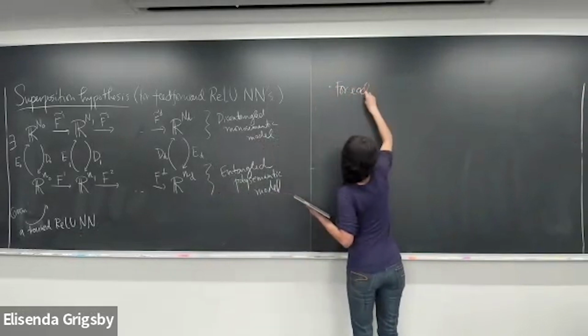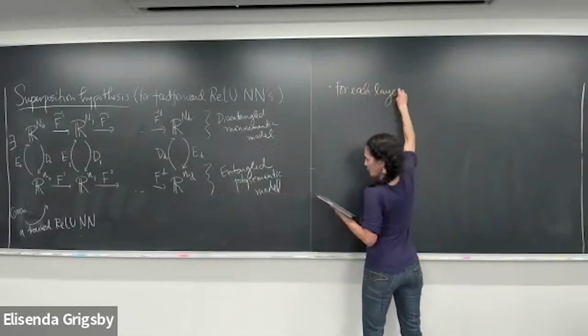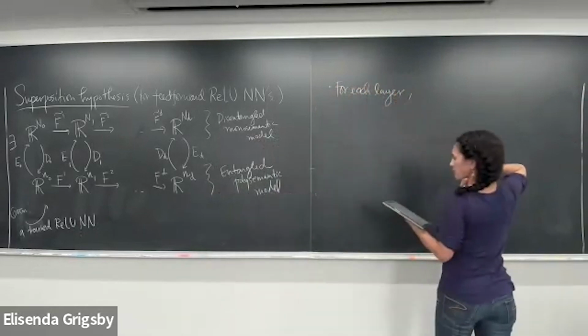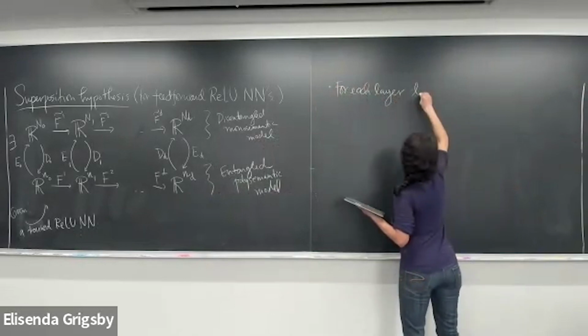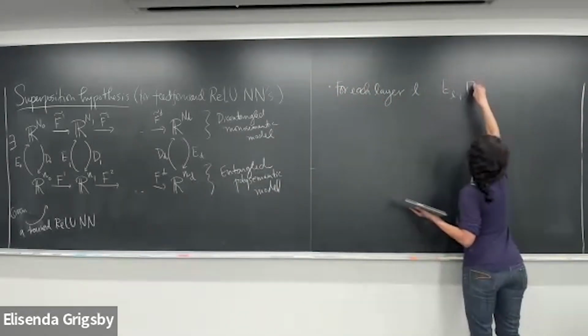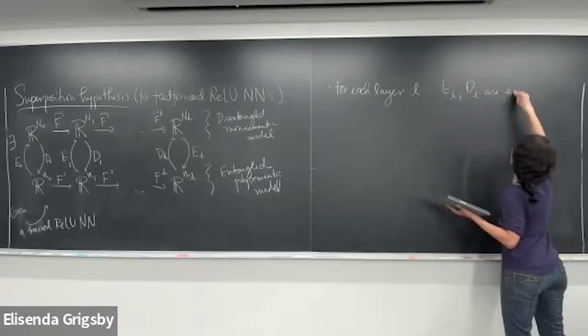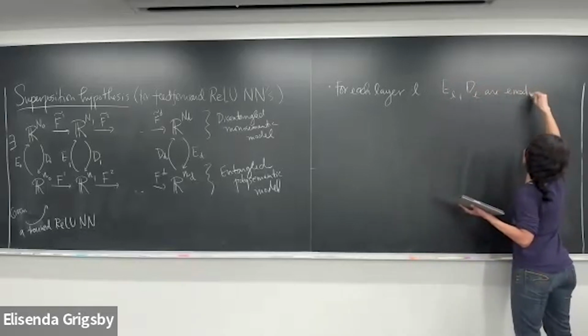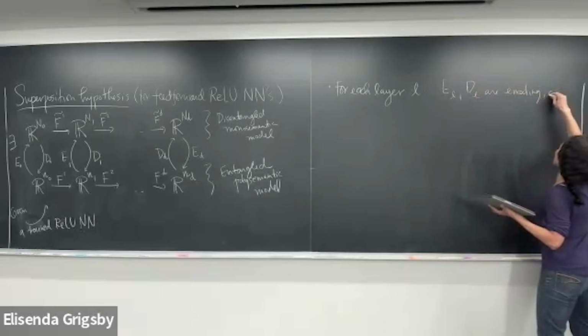So for each layer L, E_L and D_L are what we're calling the encoding and decoding maps.